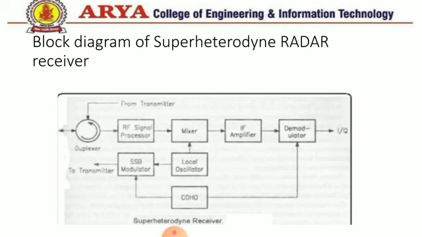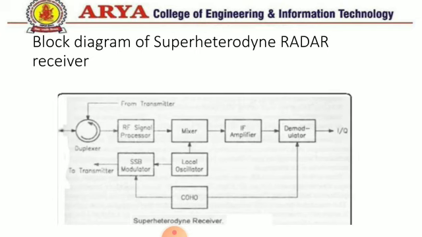Because of this, it is possible to design a superheterodyne receiver at low cost. Another advantage is that tuning can be easily done by changing the frequency of the local oscillator. In a superheterodyne receiver, most of the time the receiver does not use an RF amplifier. The function is performed by the mixer.